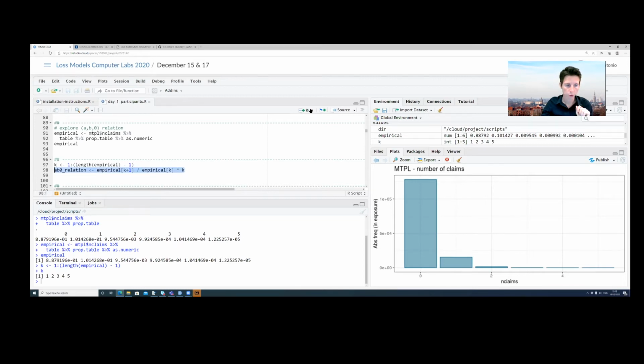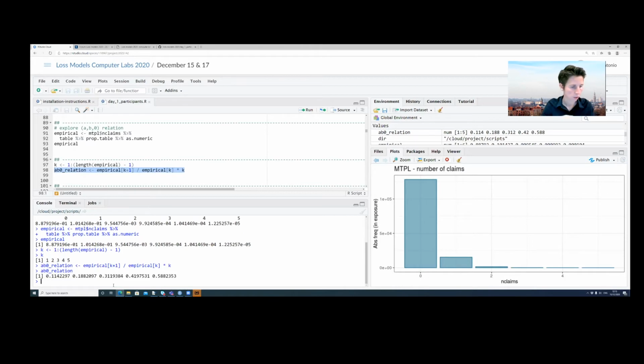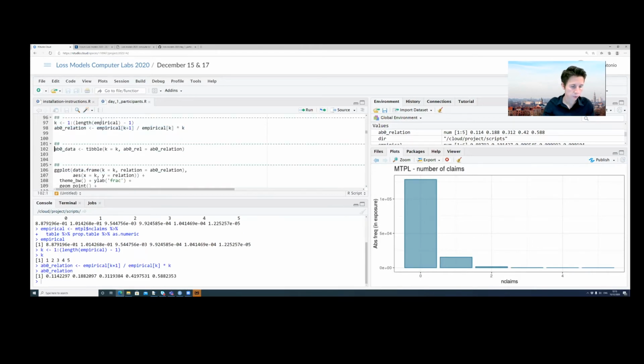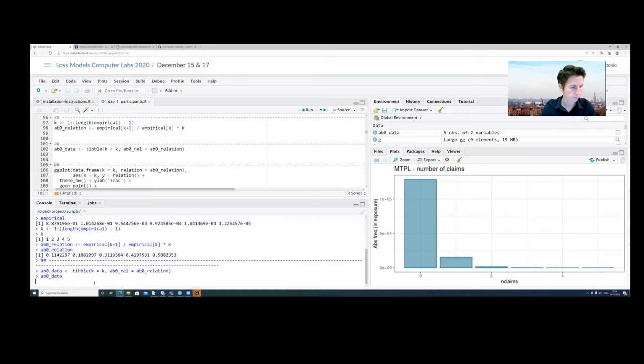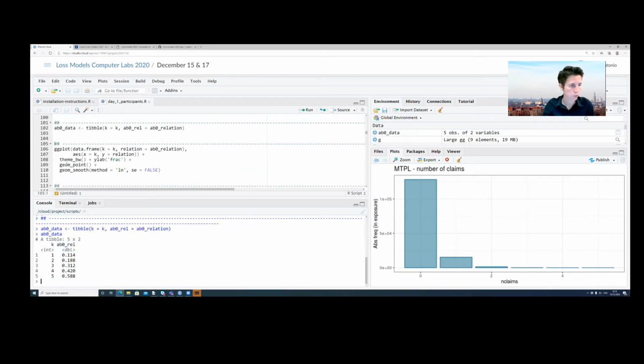That's how I programmed this AB0 relation. If I do AB0 relation, you should see the ratios coming up. Then I put the whole thing together in a small data set, which is called AB0 data. Here you see the k, and you see the relation that comes with this k.